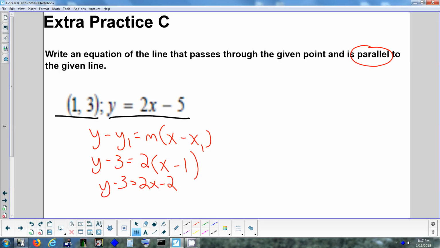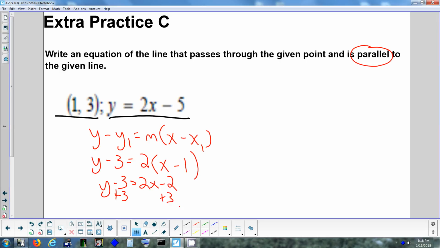All right, now somebody else tell me, I'm at the last step. How about Ginny? On that last step, what am I going to do now? Add 3. Very nice. I'll add 3 here. Where else am I going to add 3? Underneath the negative 2.